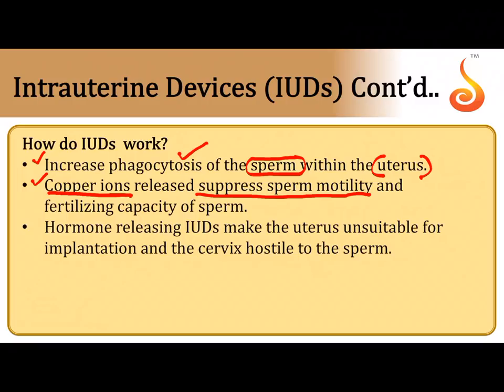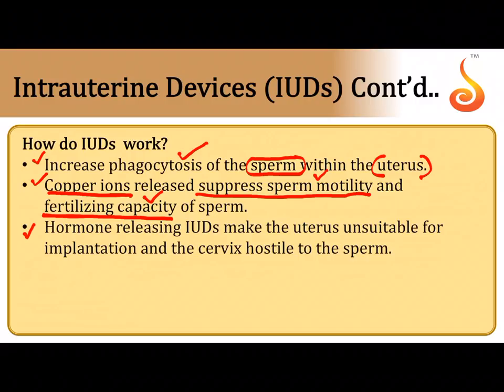When the sperm are released into the female reproductive tract inside the uterus, because there is an IUD sitting inside and it is releasing copper, the sperm become slow, and they also lose their ability to fertilize the egg. There is a suppression in both sperm motility as well as in the fertilizing capacity of the sperm. So remember, copper ions suppress the sperm motility and the fertilizing capacity of the sperm.